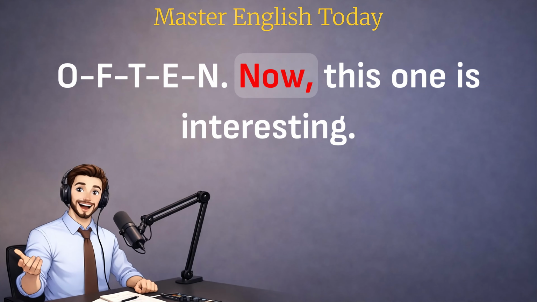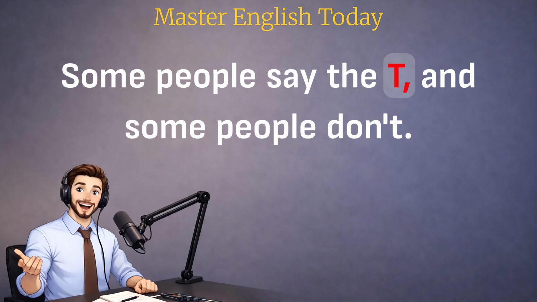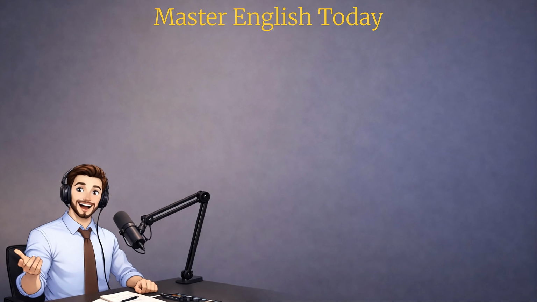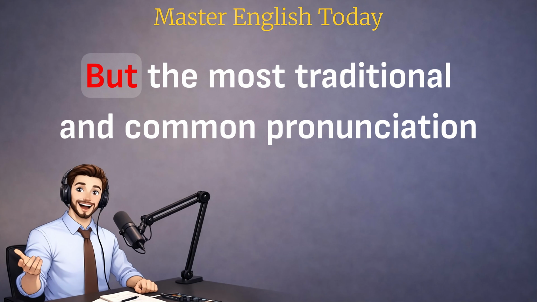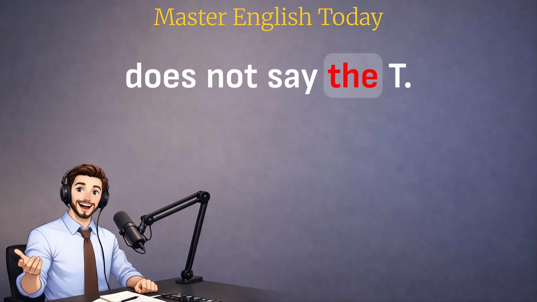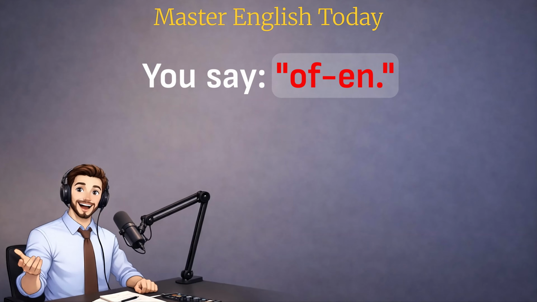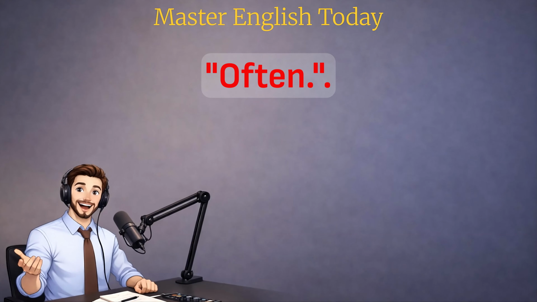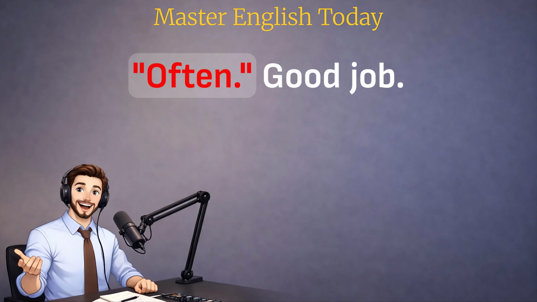O-F-T-E-N. Now, this one is interesting. Some people say the T and some people don't. Both are acceptable in English, but the most traditional and common pronunciation does not say the T. You say of-n. Often. Now you try. Often. Say it again. Often.